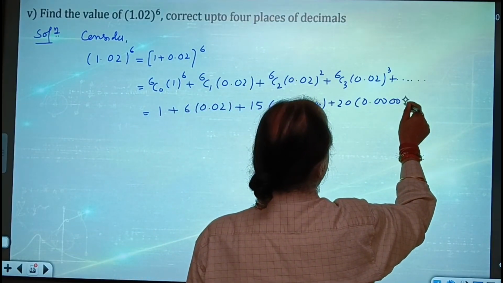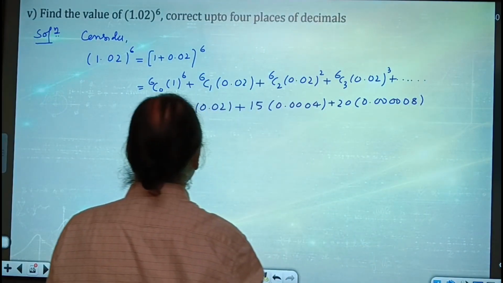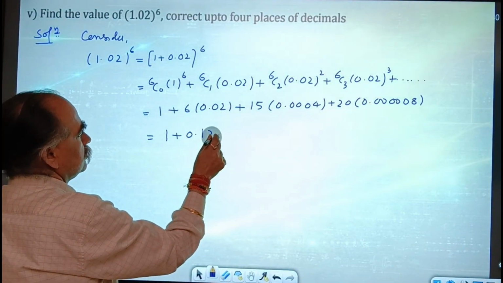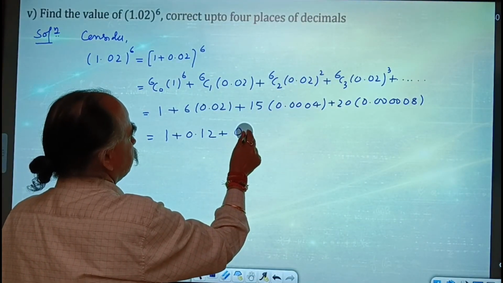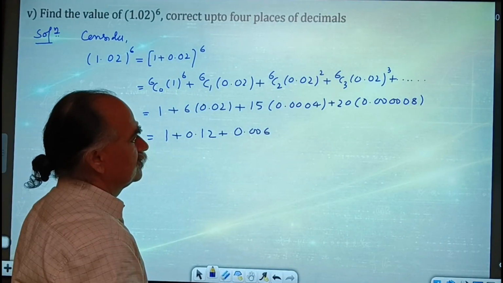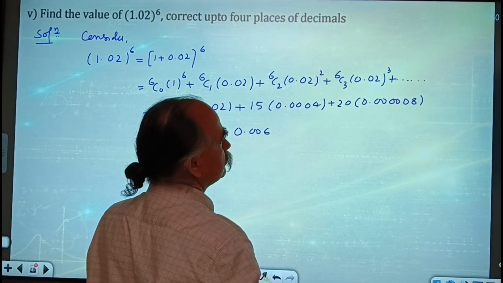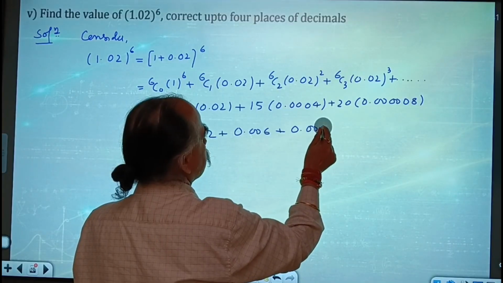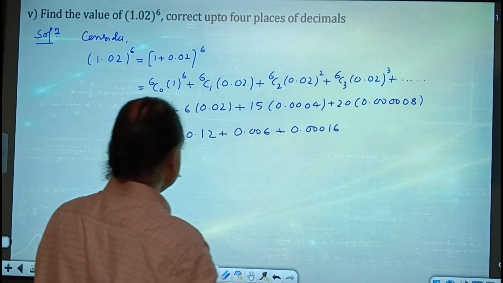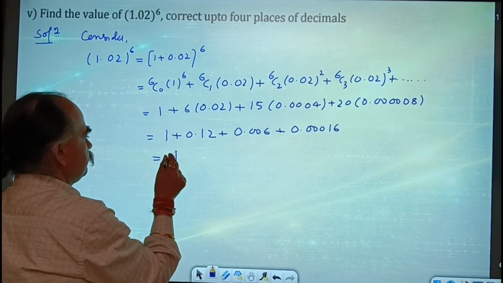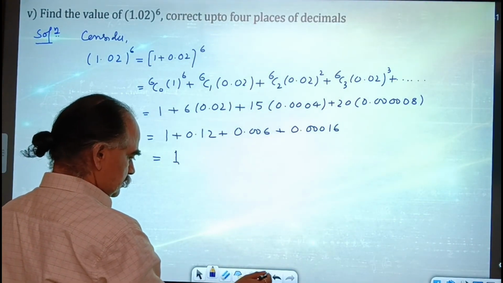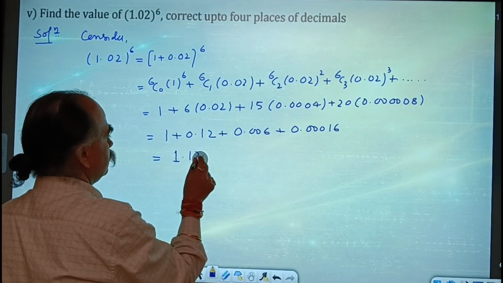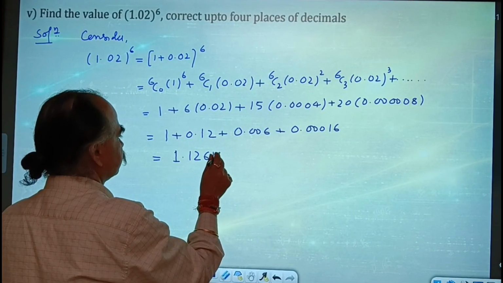When we multiply, we'll get 0.12 plus 15 times 0.0004 is 0.006. And the 0s will get cancelled. 1 plus 0.12 plus 0.006 gives 1.1260.